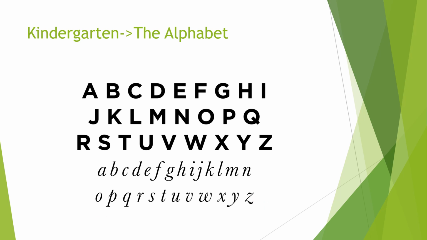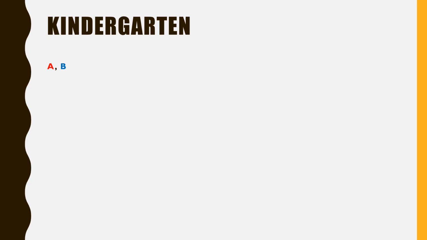Now that we've listened to those sounds, listen to them again if you need to for the next slide, because we're going to be looking at letter sorting, sound sorting between two letters. The first slide, we're just going to be sorting between A and B.